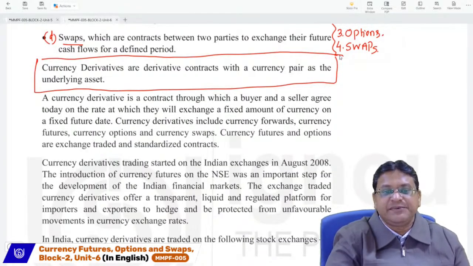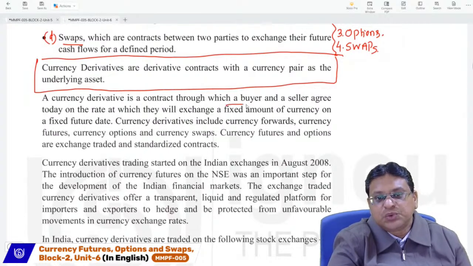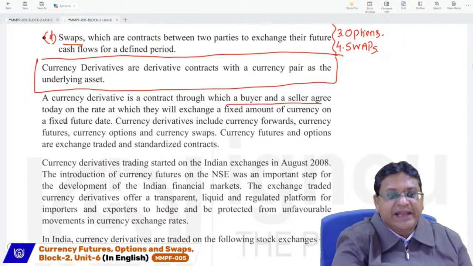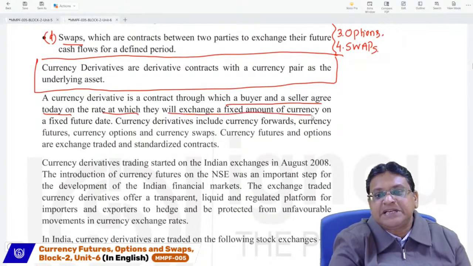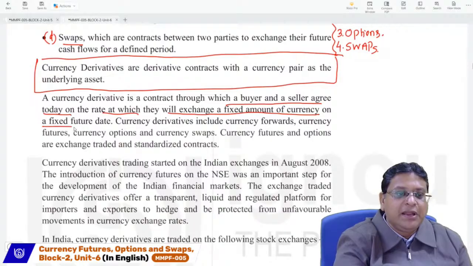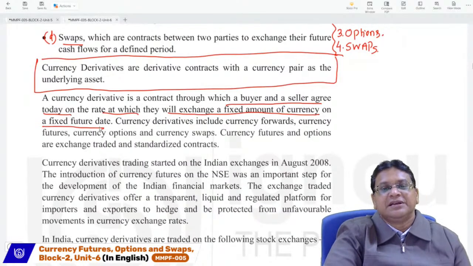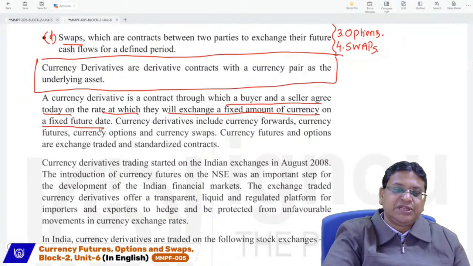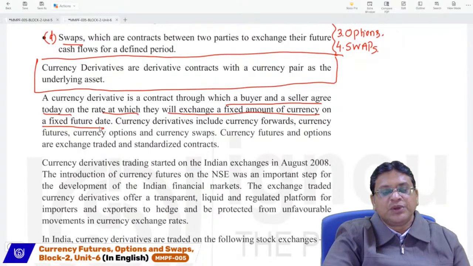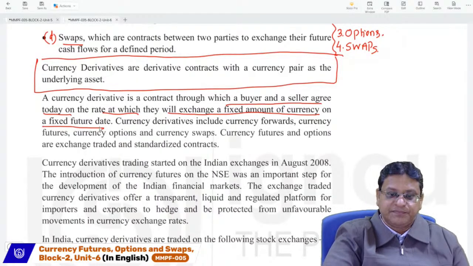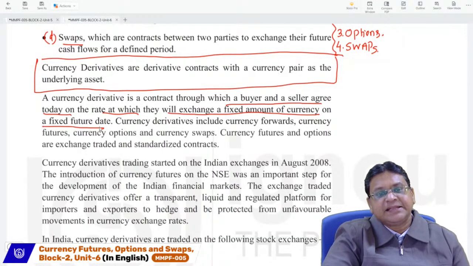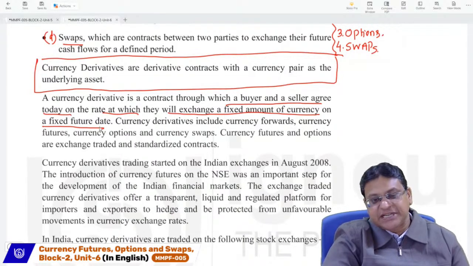Hence, a currency derivative is a contract through which a buyer and seller agree today on the rate at which they will exchange a fixed amount of currency at a fixed future date. It means with the help of currency derivatives, we can prefix the future buying price or future selling price of a currency.